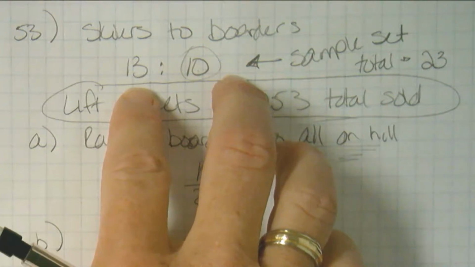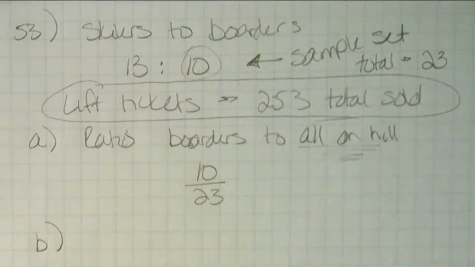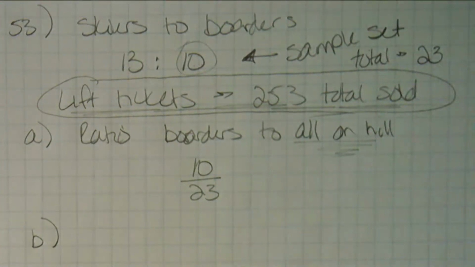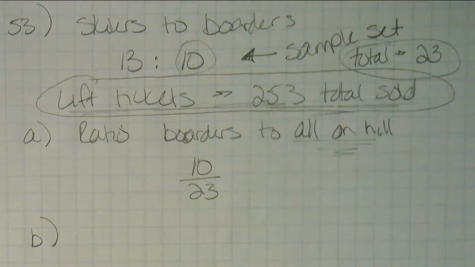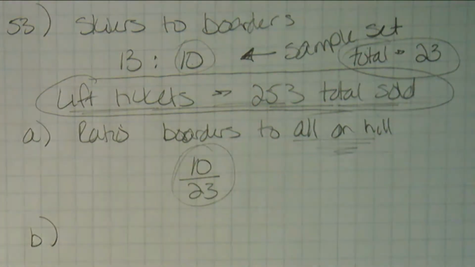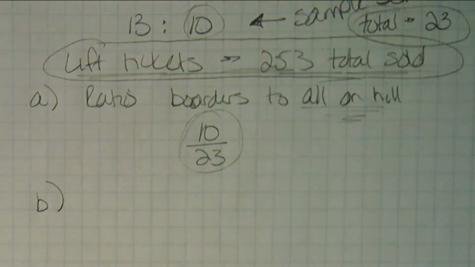You would have had to be like, oh, wait a second, I need a total of my tickets. So I need to have a total from my sample set. That's something you should have known to do, and that you came up with that ratio because you use it in part B here.